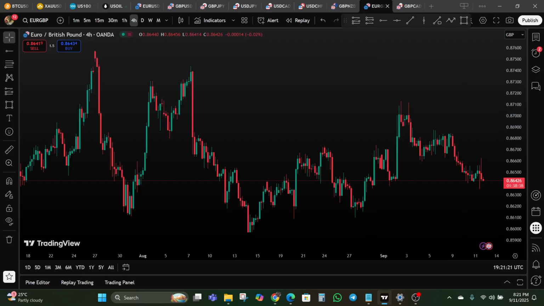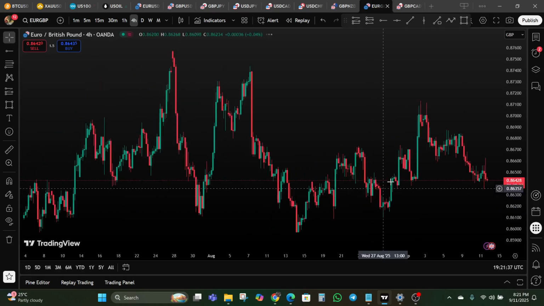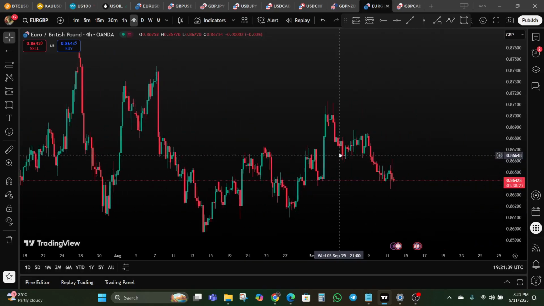Instead of reacting to short-term noise, swing traders focus on structure, liquidity, and key zones where price is most likely to turn. The foundation of this strategy is liquidity, right?